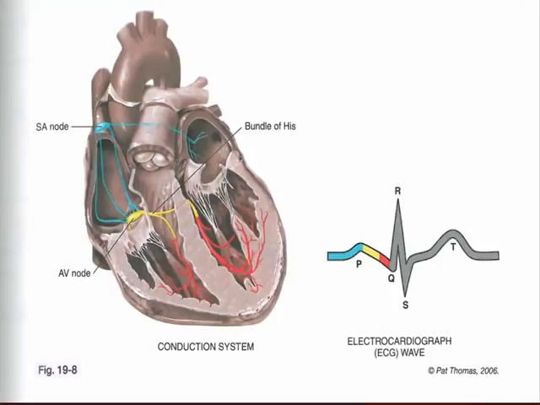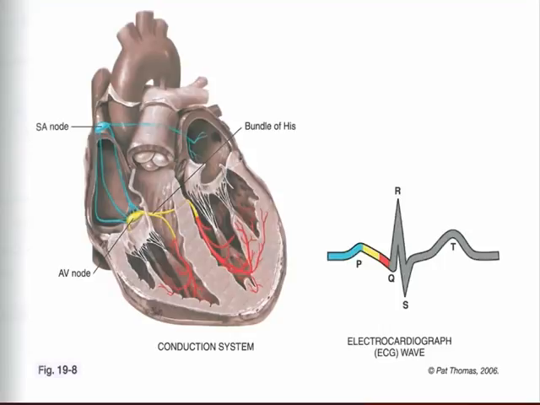the atrial septum. And there it is delayed slightly so that the atria have time to contract before the ventricles are stimulated. Then the impulse travels to the bundle of His, the right and left bundle branches, and then through the ventricles. The electrical impulse stimulates the heart to do its work, contract.